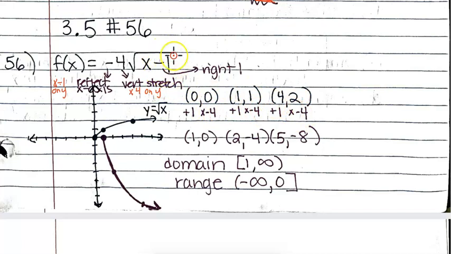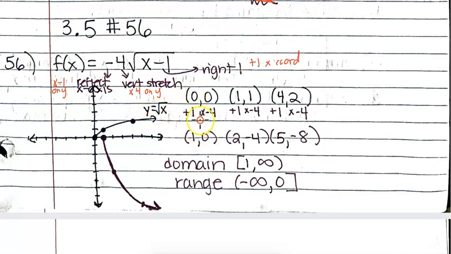The only other transformation was this h value here, which means to move right 1. If I'm moving right, that means I'm adding 1 to the x coordinates. So you can see that work below as well. So then I just applied that to all of my original coordinates from the parent graph.